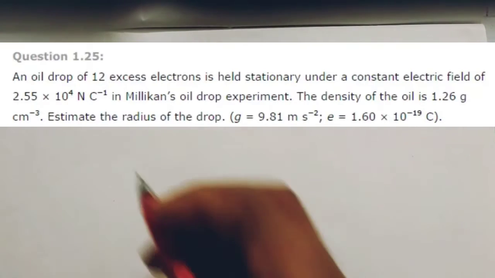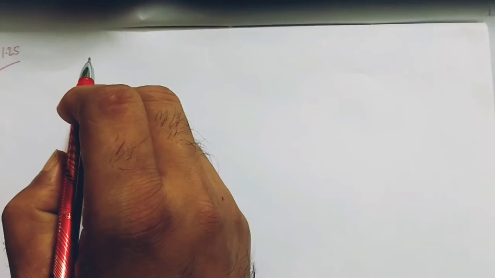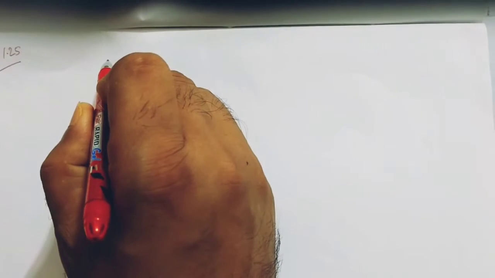Now see what they are saying. They are saying that there are 12 electrons in an oil drop. It might be hanging like that.